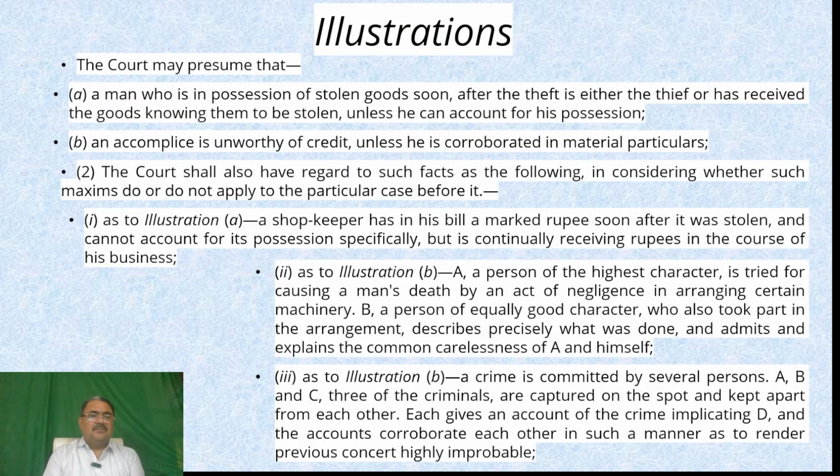For example, suppose there was a theft in your home. 100 grams of gold was stolen from your residence. Now, immediately after the theft, within half an hour or so, the gold was found in the possession of one of your staff, or maybe Mr. X. What do we presume?